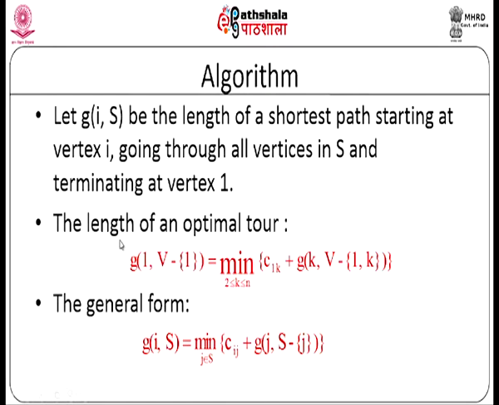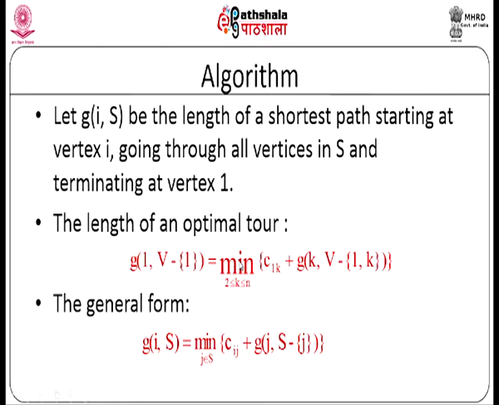So, the length of the optimal tour is going to be the minimum. I am assuming that I am starting from vertex 1, so I should not visit 1 again, therefore, it is V minus 1.